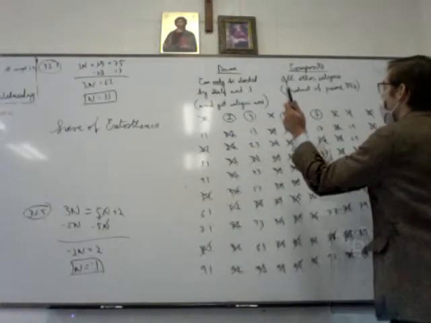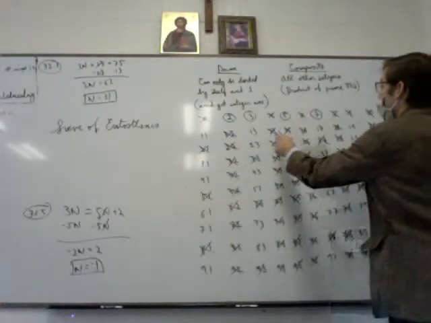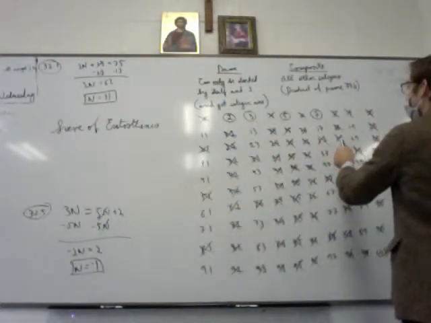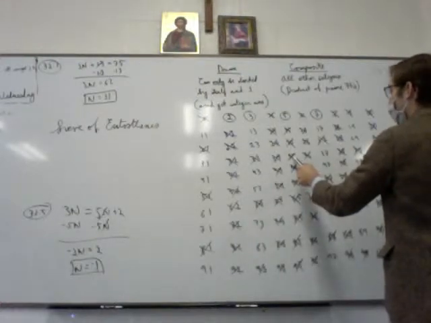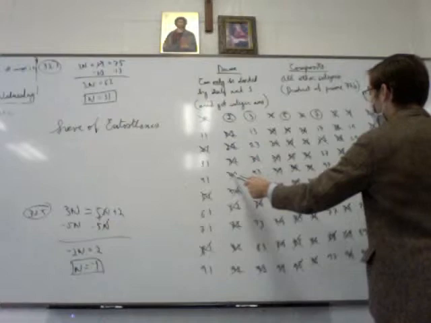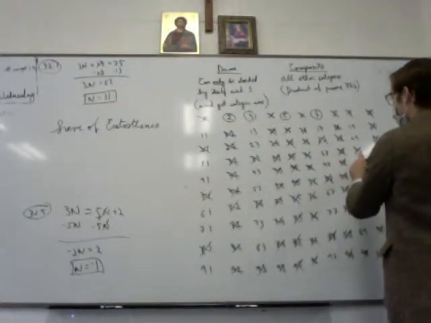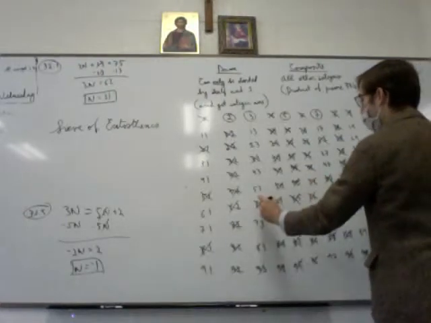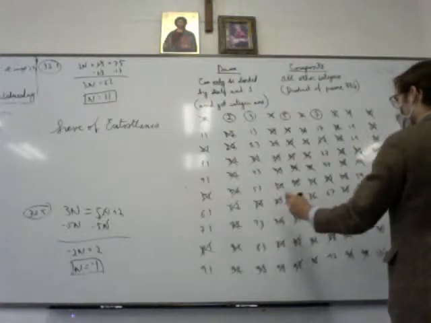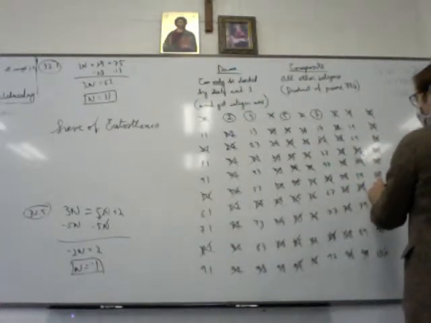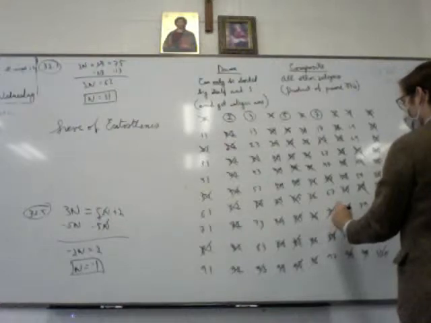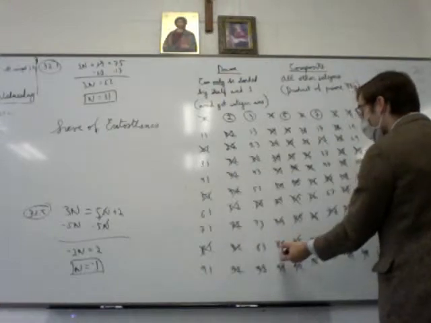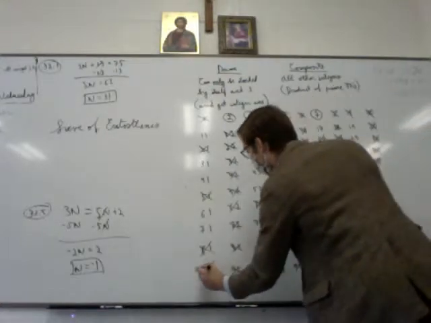After 7 comes 14, then 21, 28, 35, 42, 49, 56, 63, 70, 77, then 84. Just add 7. 84 plus 7 is 91.